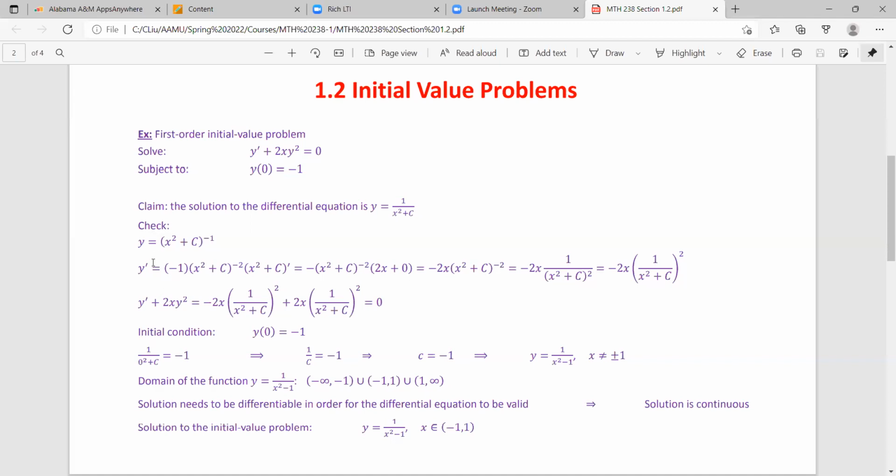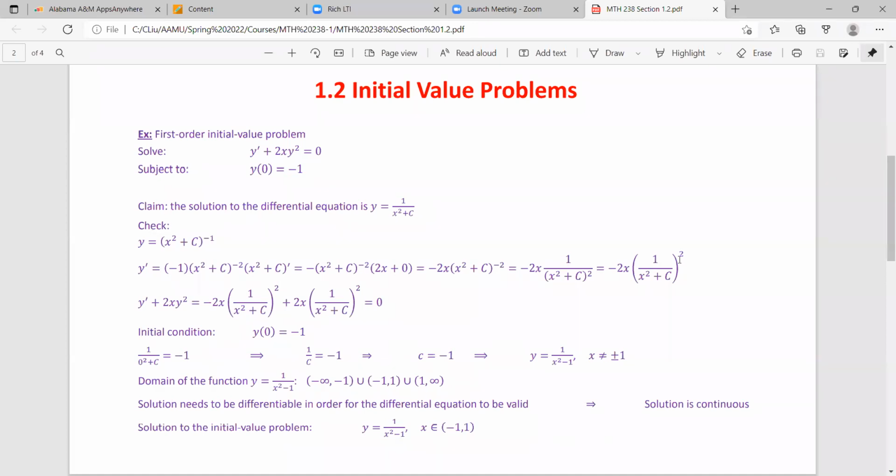So we found the first derivative of the function. Let's just plug this derivative into the equation and see what happens. So on the left side of the equation, we got y prime plus 2xy squared. So y prime is negative 2x times 1 over x squared plus c squared.